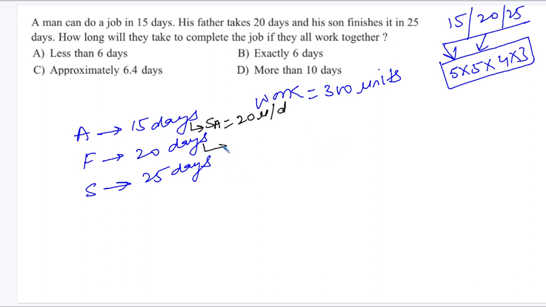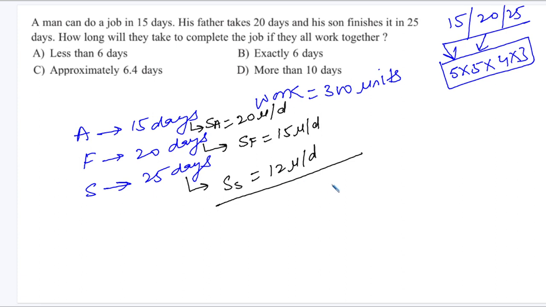And similarly for the father, the speed will come out to be 300 divided by 20, that will give us 15 units per day. And for the son, the speed will come out to be 300 divided by 25, that will give you 12 units per day. Now, since we want them to do the work together, let's add the speed of all of them. 20 plus 15 plus 12, that will give you 47 units per day.